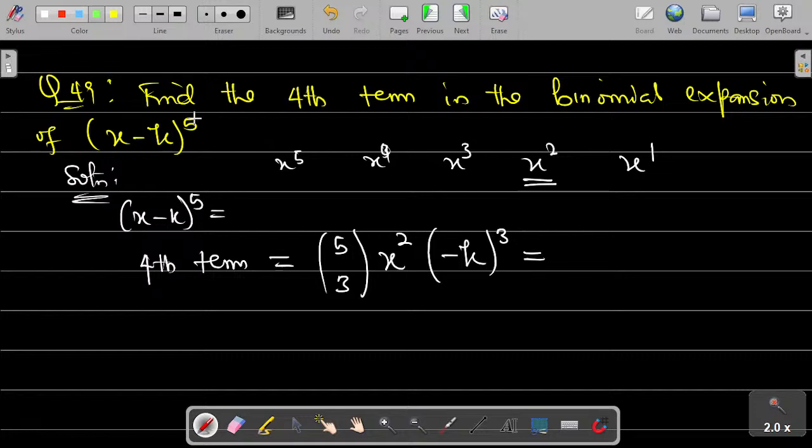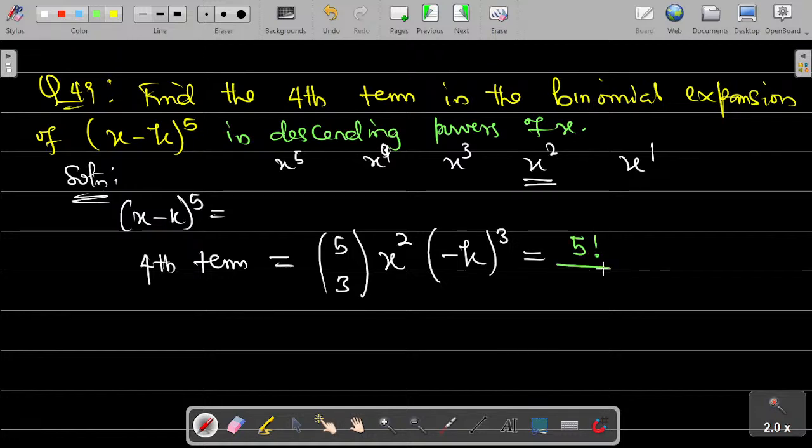Let's read it again. Find the fourth term in the binomial expansion of this, and then they said in descending powers of x. I should have even put that. In descending powers of x. Okay, and that's what we have done. So we now have to simplify this. What is 5 combination 3?